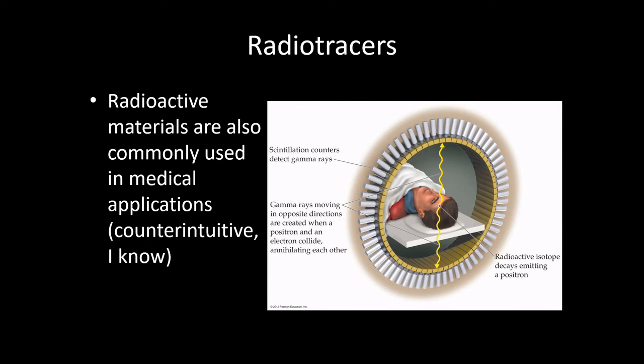Another useful thing for radioactive materials is in certain medical applications. I know I briefly mentioned PET scans at the beginning of this chapter, but the process through which we use PET scans is we have some kind of molecule, and I believe, and I could be wrong about this, so double check me on this, but I believe usually what's done is you attach a radioactive isotope that is going to undergo positron decay to sugar.